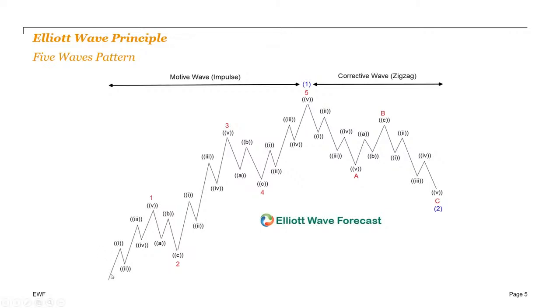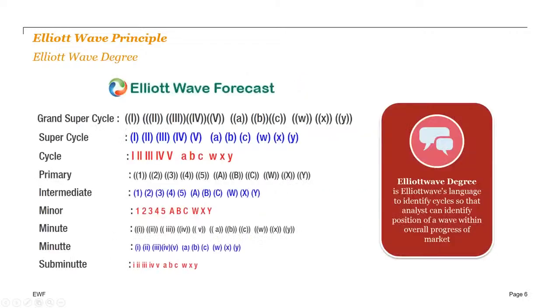So if you subdivide this 1, guess what? You will see another 5 waves, right? Wave 1 is always subdivided into 5 waves. So the 1 in black is going to be subdivided into another 5 waves, but it's going to be a different degree. It's 1 lower degree than the black, and then you will use this minuette degree, which is the blue color.